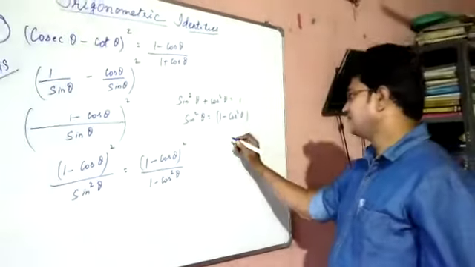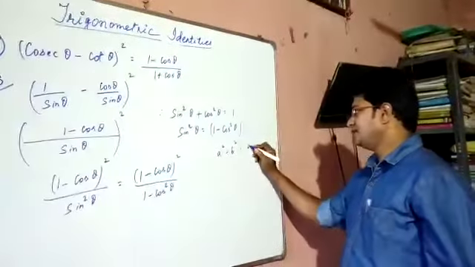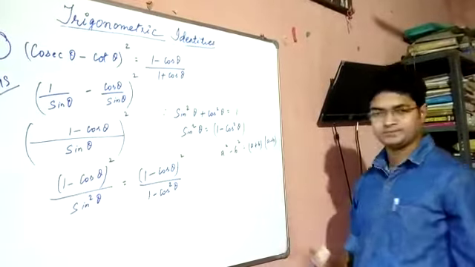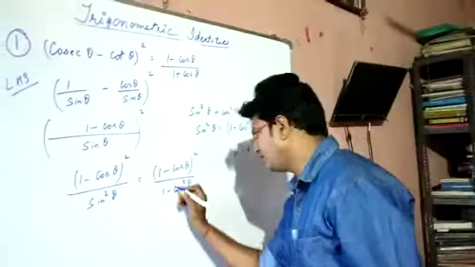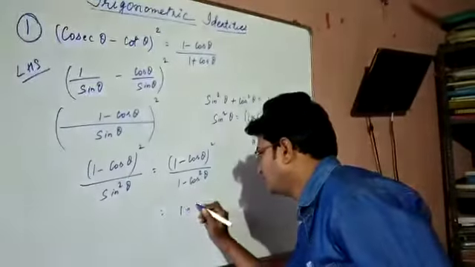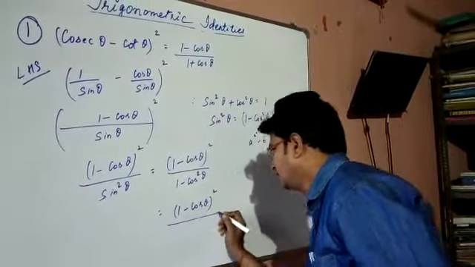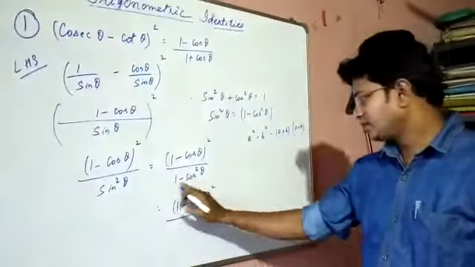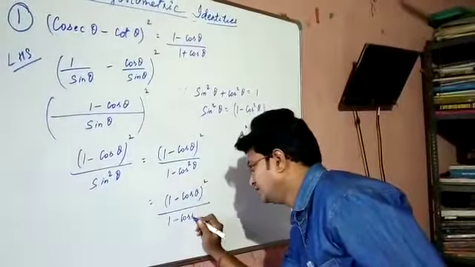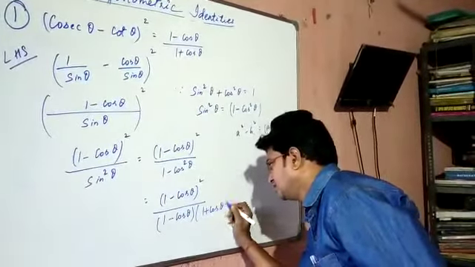Now, in identities, you know the formula a square minus b square. We write it as (a plus b) and (a minus b). Similarly, 1 can be written as 1 square. So in this step, (1 minus cos theta) whole square by, a square minus b square, it will be (1 minus cos theta)(1 plus cos theta).